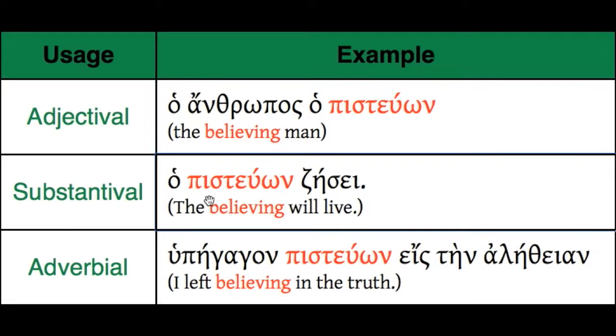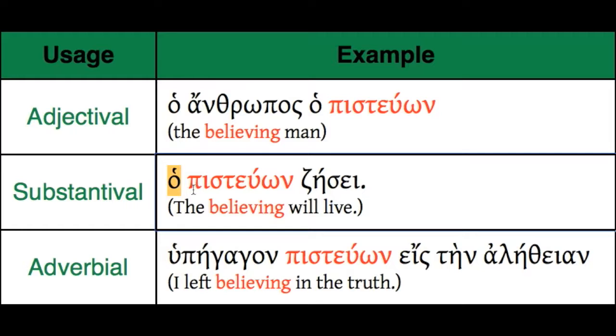In the second example, we have ho pisteuon zesei. The believing will live. Zesei from zao, right? Means I live. So zesei, notice the future with the sigma there. Third person singular ending, he, she, or it will live. So because we know it's nominative singular masculine here, we could translate it, the believing man will live, or the believing one will live if we want to not be sexist here, okay?